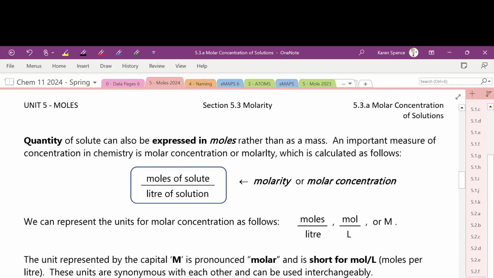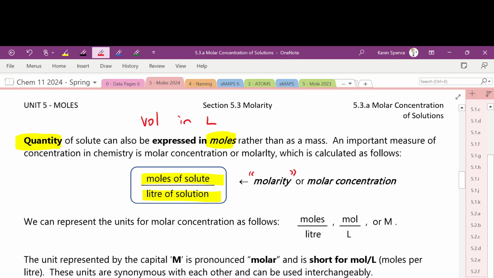Now, as I was saying earlier, our quantity is usually going to be expressed in moles rather than mass, and our volume is normally going to be expressed in liters. So we're going to have the moles of solute over the liters of solution, and this is called the molarity.